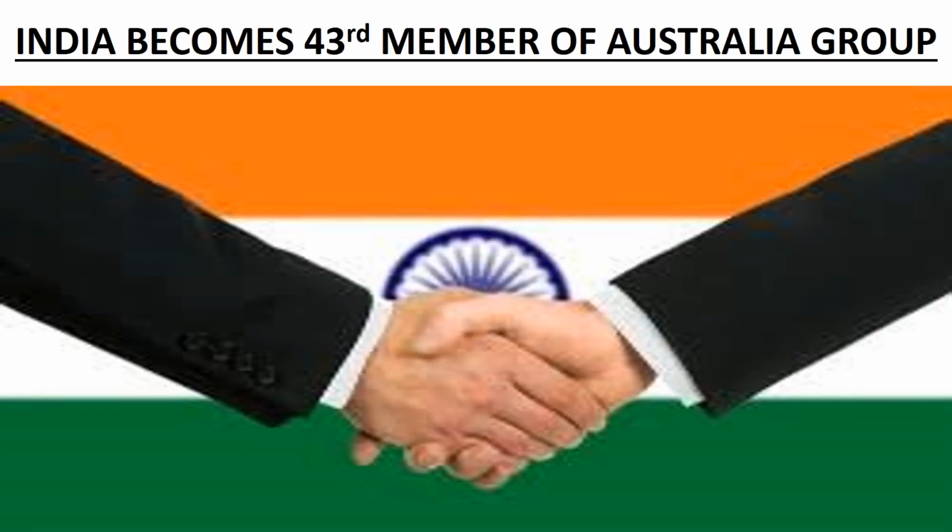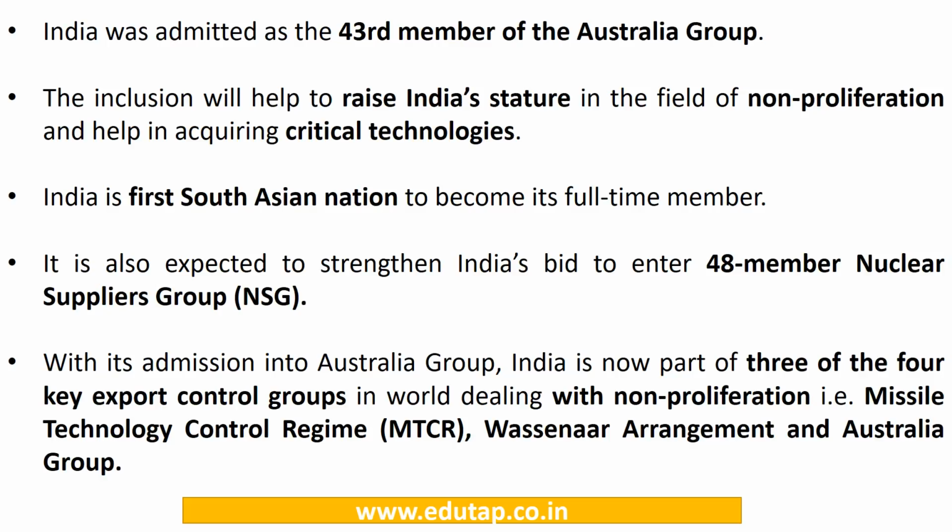India achieved a big milestone by becoming the 43rd member of Australia Group in January 2018. India became the first South Asian nation to be a full member of Australia Group. With this admission, India is now part of 3 of the 4 export control groups dealing with non-proliferation.